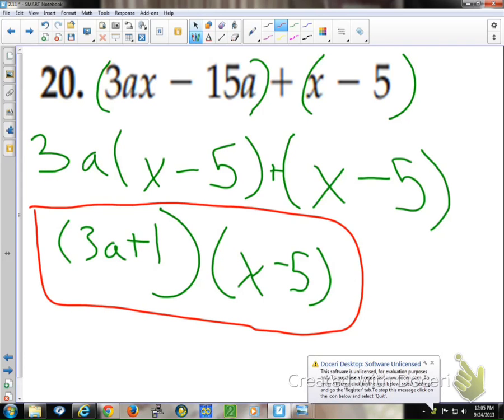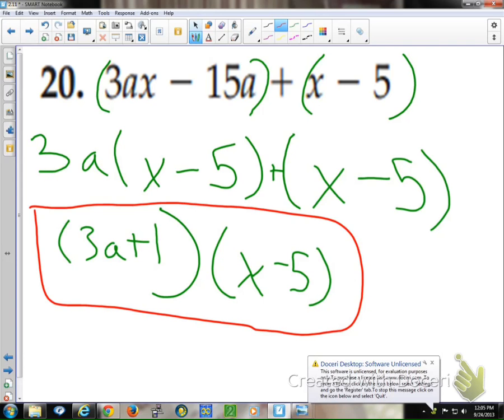Good question. Because if this was a 2, you wouldn't have any questions, right? It should be 3A plus 2. You need something to stand in for that. If you just put 3A, then remember, all math is reversible. If you add something, you should be able to subtract it back out and get what you started with. So if we're factoring this, we should be able to multiply it back together when we're done.